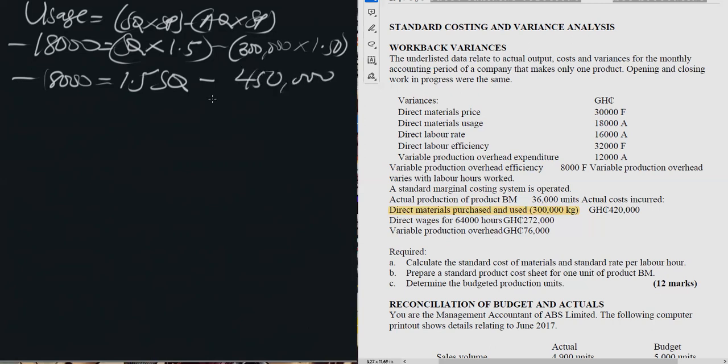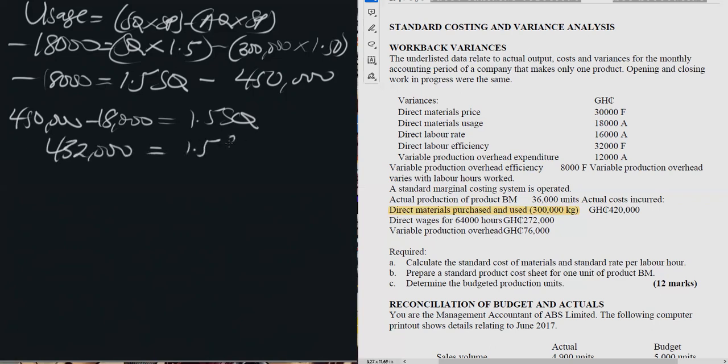Okay, 450,000. So what we can do is group like terms. So 450,000 flips to this side minus the 18,000 gives us 1.5 SQ, right? So in that case, 450,000 minus the 18,000 gives us 432,000. Also, 432,000 equals 1.5 SQ.